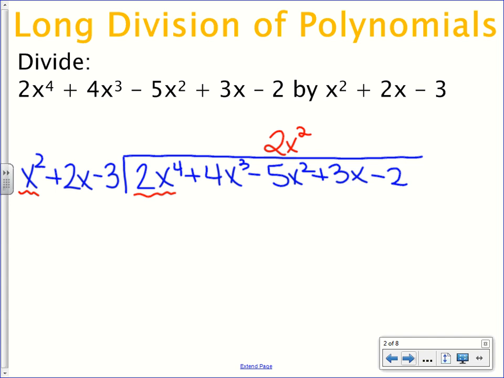Now what do we do with this 2x squared? We have to multiply it by this, what we call our divisor. Okay, so we have x squared times 2x squared, 2x times 2x squared, and negative 3 times 2x squared.